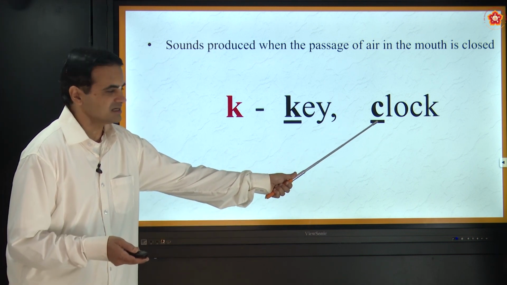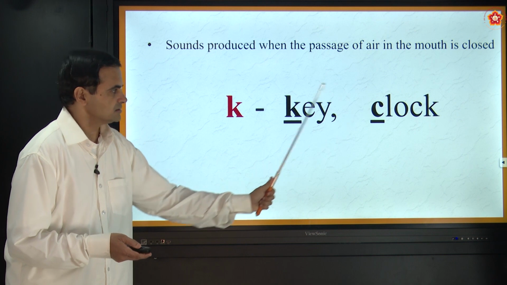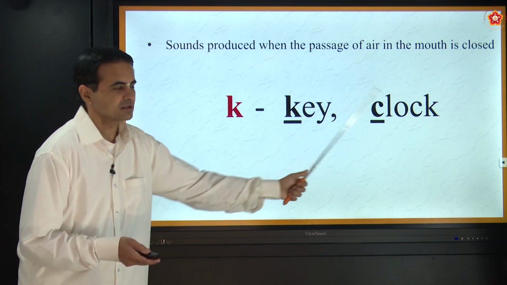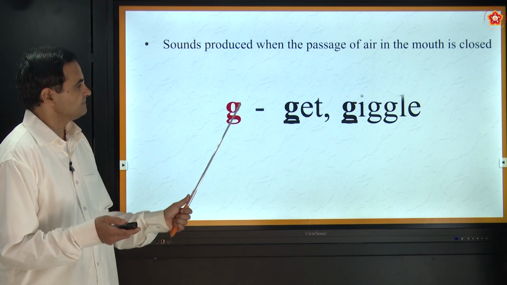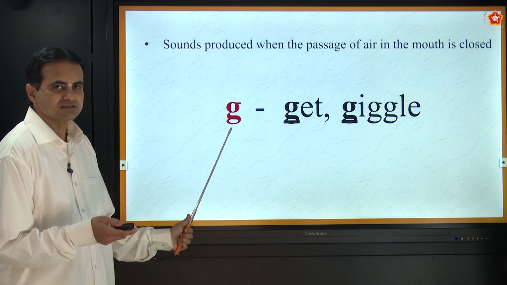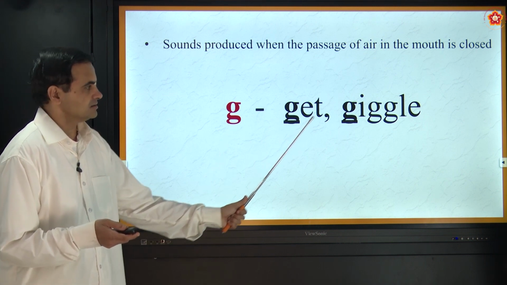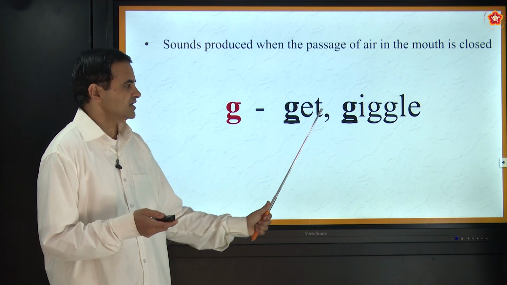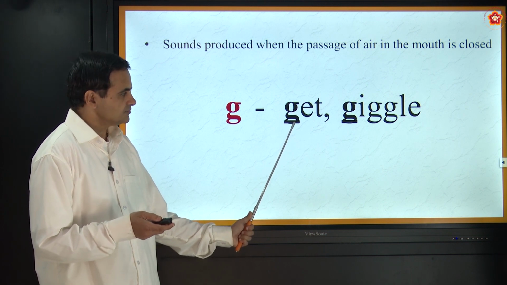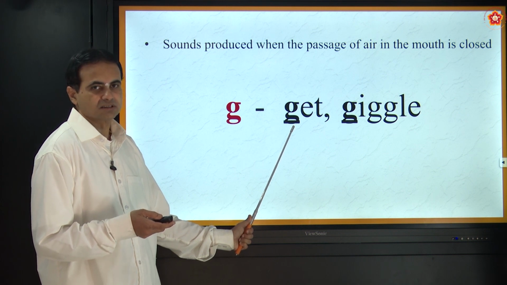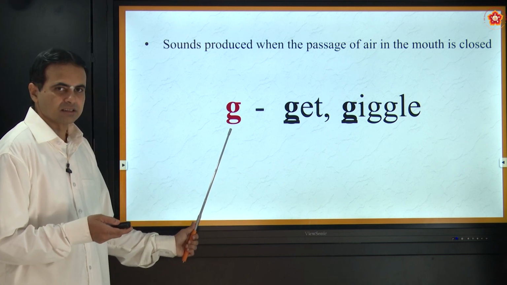So this underlined letter C has the sound K. Next, G represents the sound G. Examples: get, giggle. This G gives the sound G.